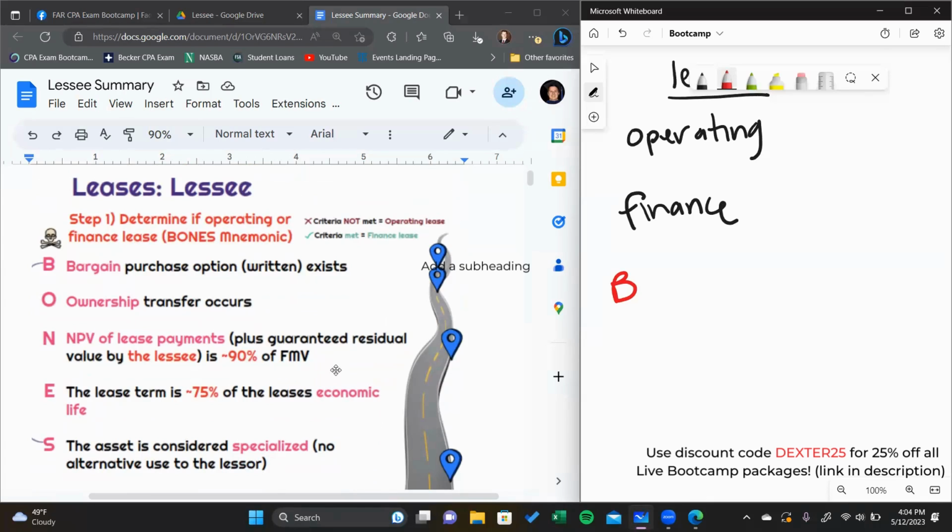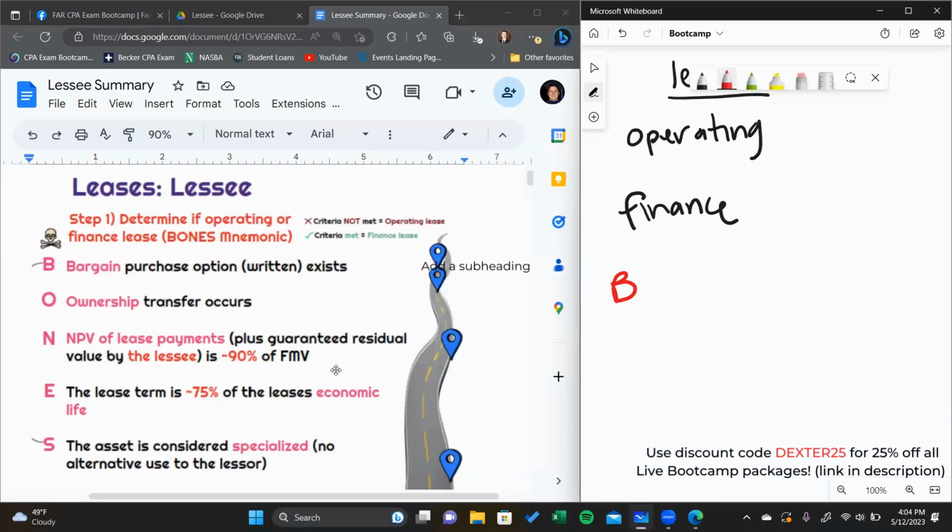And that's important because when we determine the present value of a lease, we take all of the future lease payments and we discount them back to the present. And that is the amount at which we record the lease. And for bargain purchase options, we would actually include those in the present value of the lease payments, right?